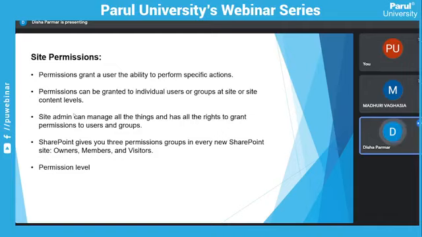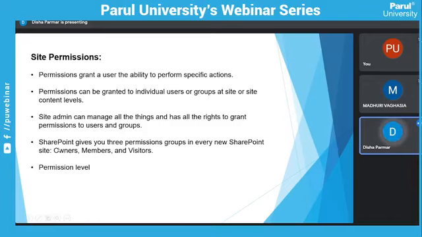Next is site admin, who can manage all things and has all the rights to grant permission to users and groups. A site admin performs tasks like site configuration, application management, monitoring, security, etc. SharePoint gives you three permission groups in every new SharePoint site: owners, members, and visitors.